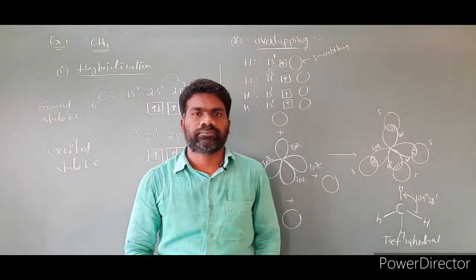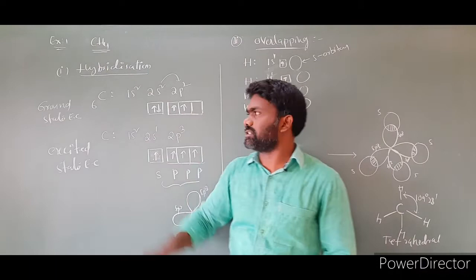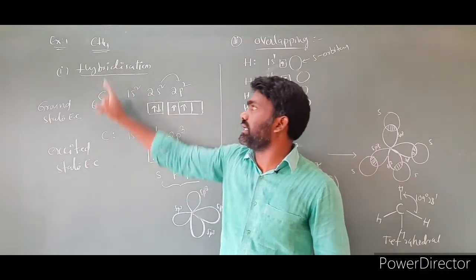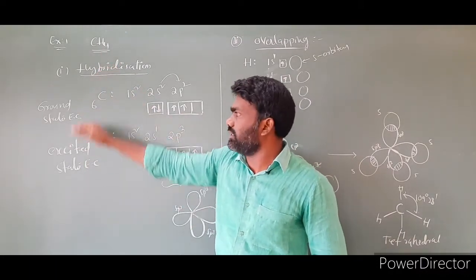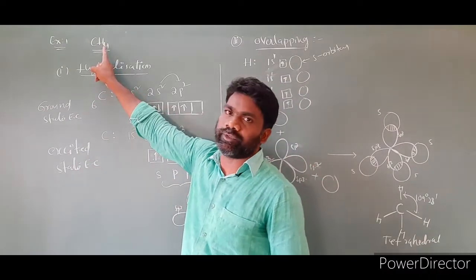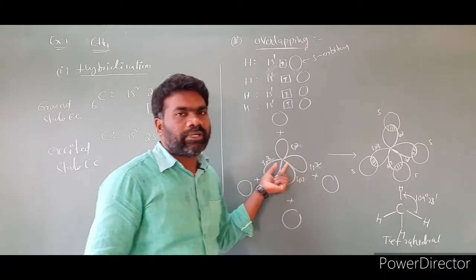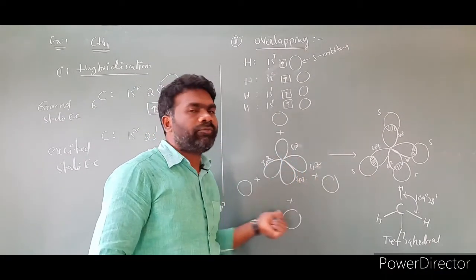This is sp3 hybridization for the CH4 molecule. First step is hybridization. We take the central atom and write the ground state configuration and excited state configuration according to how many bonds we require. Then we do overlapping between the sp3 hybridized orbitals of carbon and the s orbitals of hydrogen.